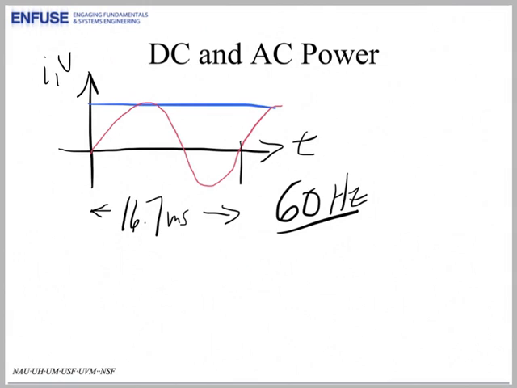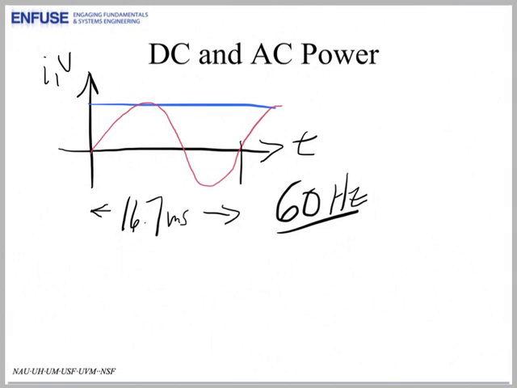Now, why do we need to convert DC to AC? One of the most compelling reasons today is that photovoltaic solar cells provide DC, but the power grid uses AC transmission. So if we want to connect solar power to the grid, we must perform the conversion.